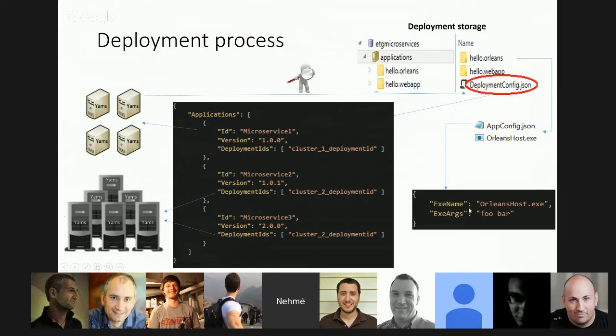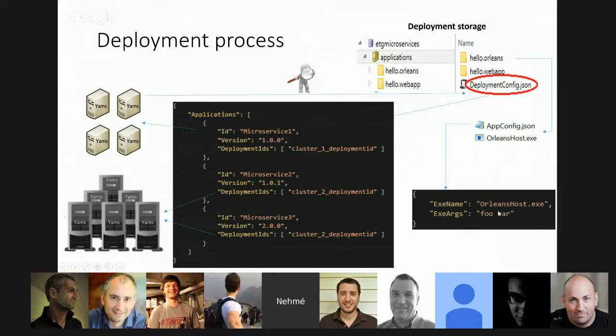So in here, for example, we have this Orleans host.exe, just the name of the exe, and then we're telling YAMS to start the exe and pass in those two arguments. And basically that's it. So YAMS will see that the Orleans application has been added. It will download it from blob storage to each of those VMs, and it will start it as described in this appconfig.json file.